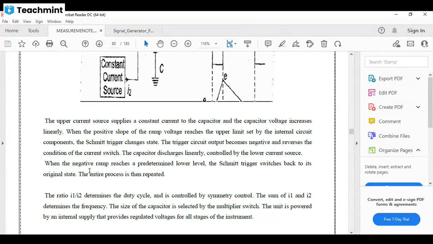Again, when the negative ramp reaches the predetermined lower level, it triggers the switch back to its original state and the entire process is repeated.